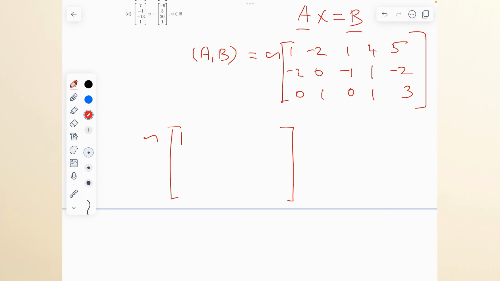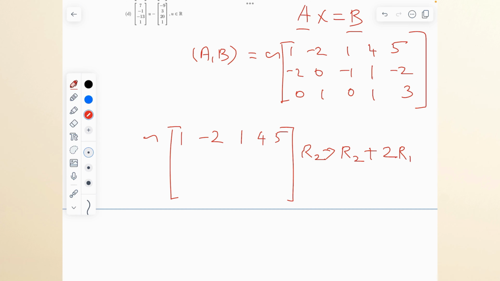So now let us write the first row as it is: 1, minus 2, 1, 4 and 5. Next, this second row R2, so R2 plus 2 times R1.